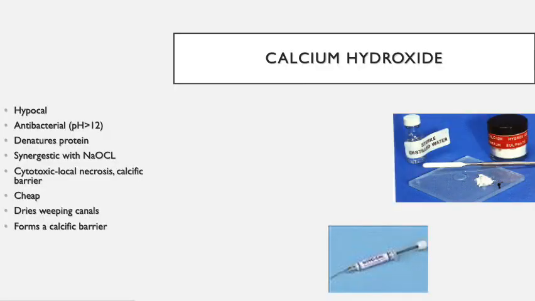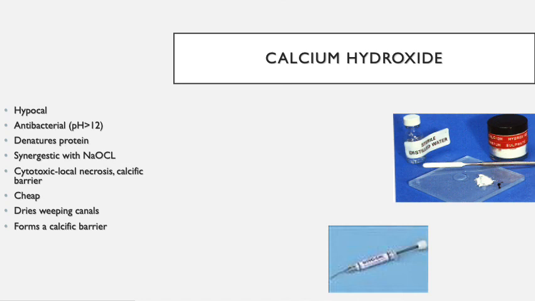The main medicament for the inter-appointment dressing is calcium hydroxide. Again, we talked about it. Its trade name is Hypocal. It has very high antibacterial activity. It has a very high pH, around 12, and that's why it's antibacterial.